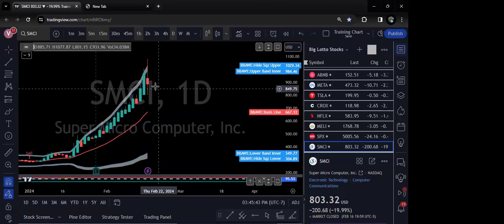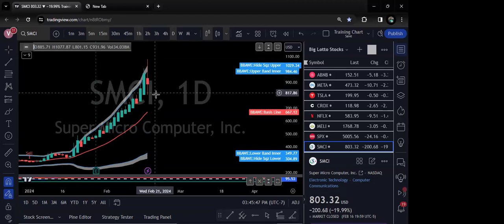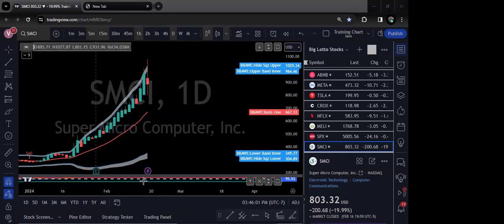So we crash everything and then it becomes affordable. You're talking about NVIDIA or SMCI? I'm here with SMCI. NVIDIA is the same thing. We need to crash both calls and puts.